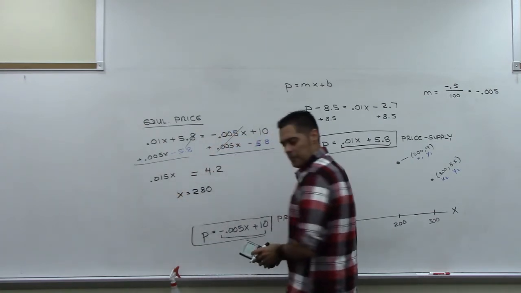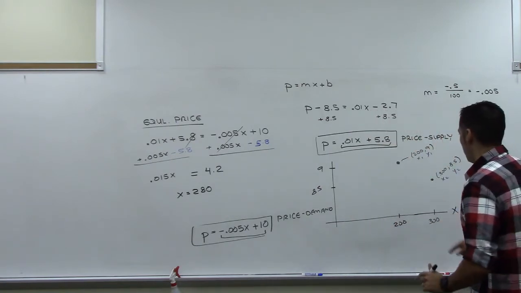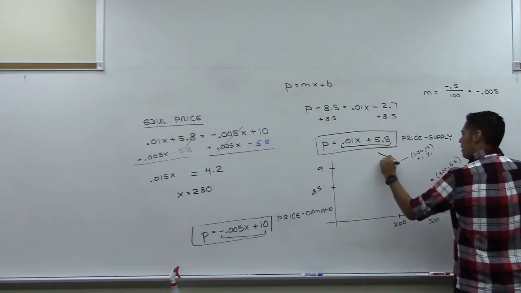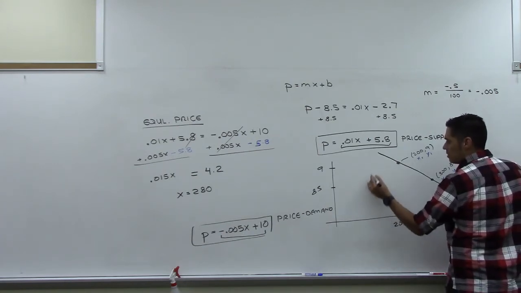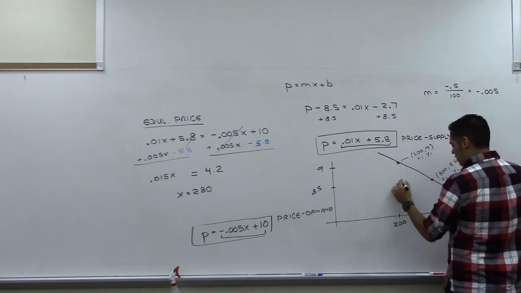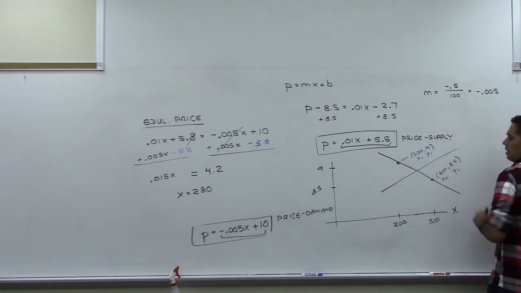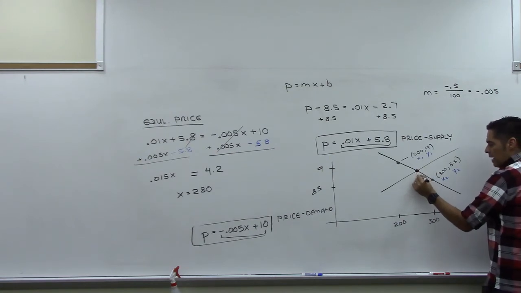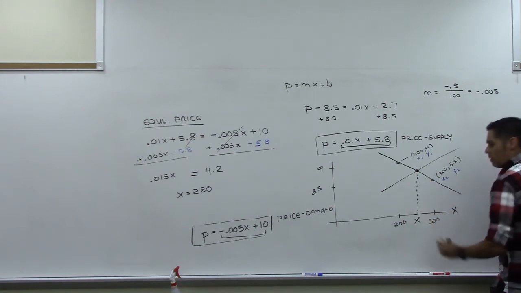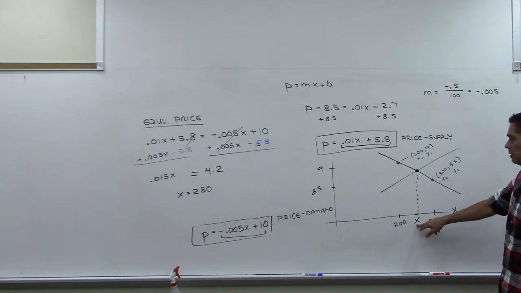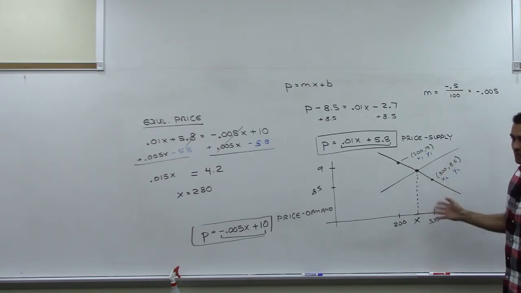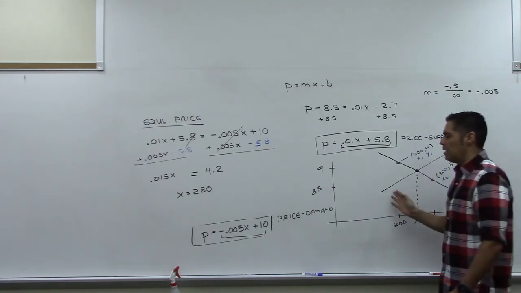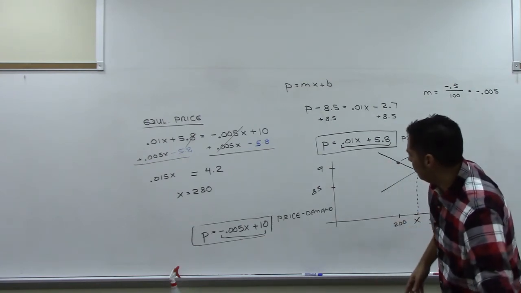Okay, so let me go back to this picture I had here. I'm going to draw that. There was a line connecting these two. Then I had erased it. We had another line, which I erased. I don't remember where it was, but I had another line here. And what we just found was this point X. It was 280, where these two lines intersect, which means your supply and demand are exactly the same.